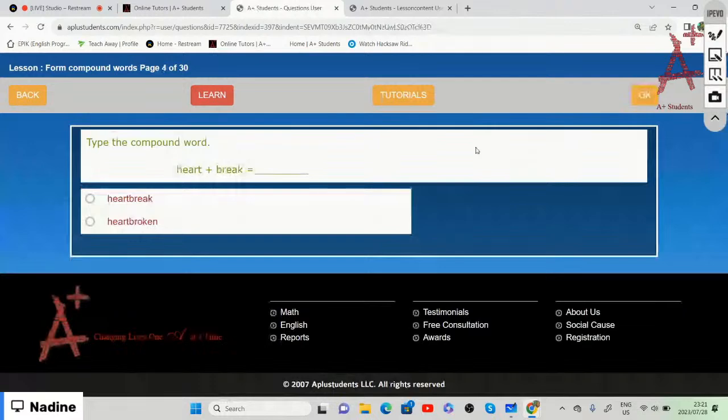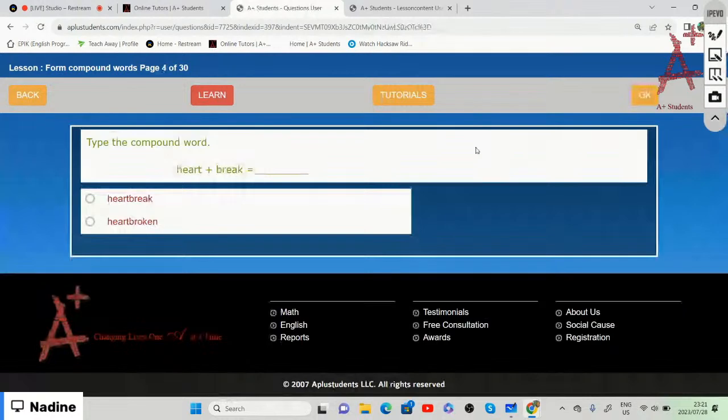Heart plus break. This is two small words, and we have to create a compound word, right? Is it heartbreak or heartbroken? We need to choose the correct compound word.